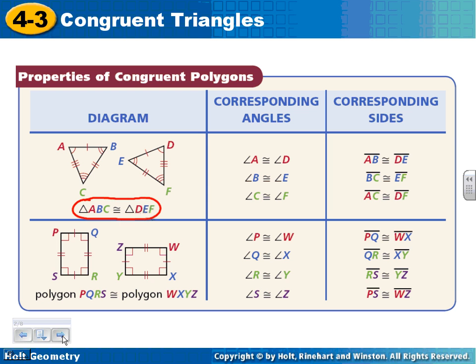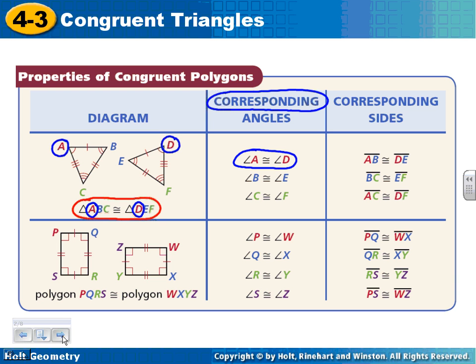If you look at the first letter, this A and this D, that's the first letter of the 3. If you go up here, do you see angle A has 1 arc mark in it, and angle D also has 1 arc mark in it? That's what we call corresponding. Angle A is congruent to angle D.